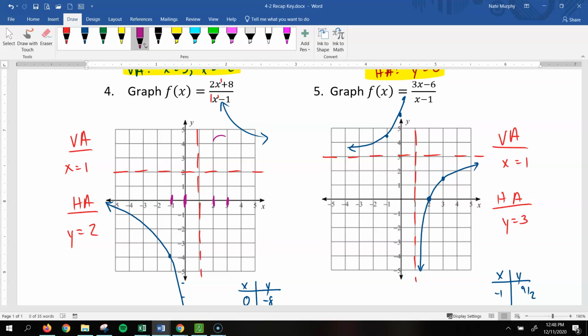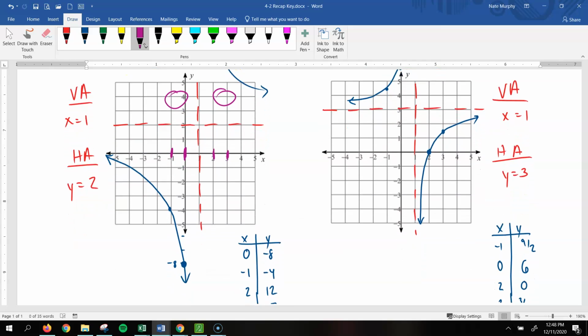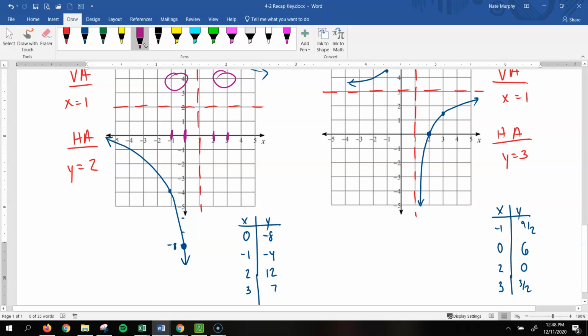And at this point, I wouldn't know if it's in this quadrant or this one for that second part, or if it would be in those 2 quadrants for the left side. So at this point, we wouldn't know. The way that we would tell is by, again, using negative 1, 0, 2, and 3. I didn't put it in that order. I put 0, negative 1, 2, and 3.